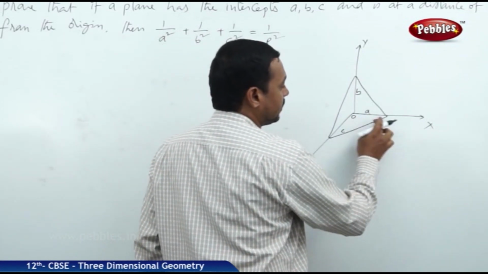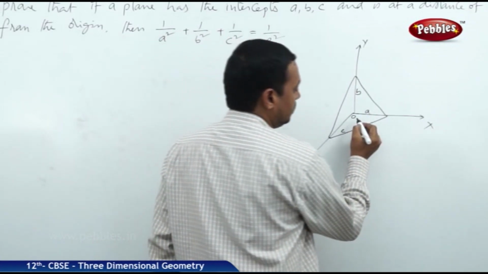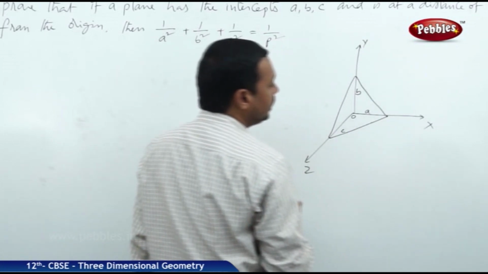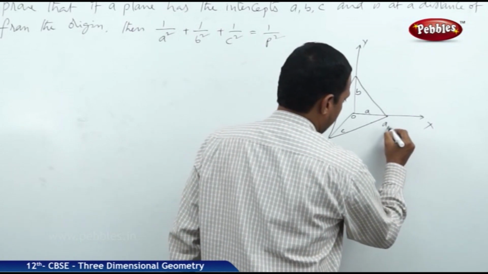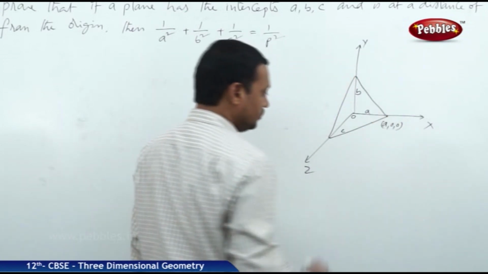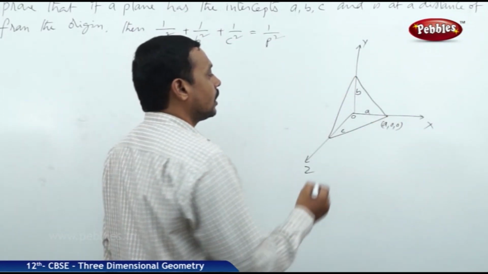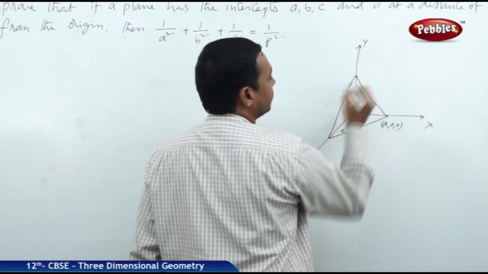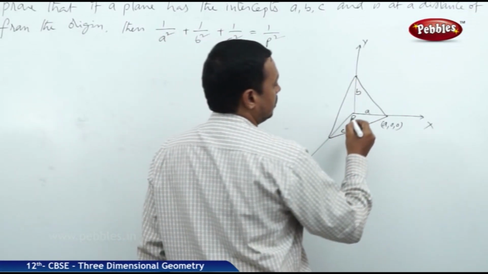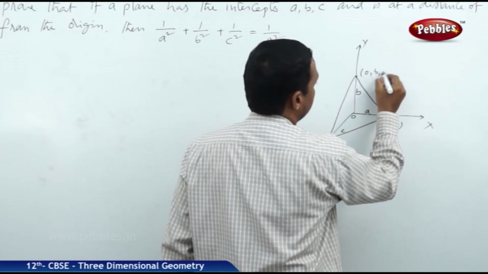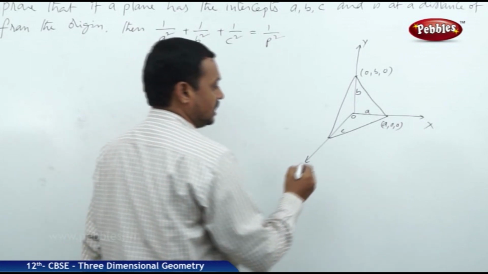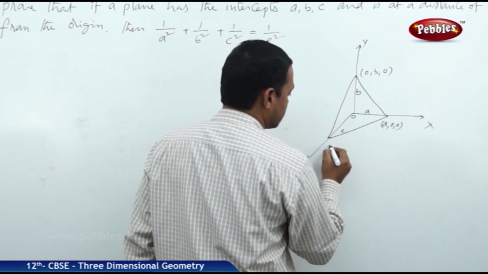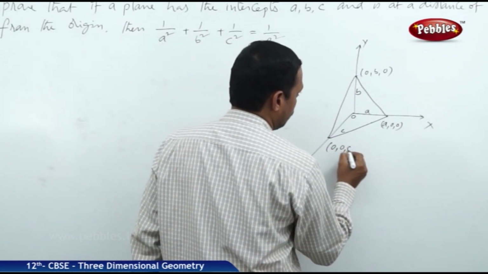The x-intercept is a units. Hence the point of intersection on the x-axis is (a, 0, 0). Now the plane cuts the y-axis at b units distance, that means it is (0, b, 0). Since the intercept on the z-axis is c, the point on the z-axis is (0, 0, c).